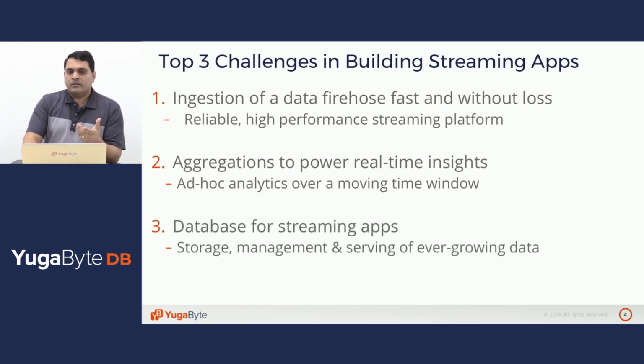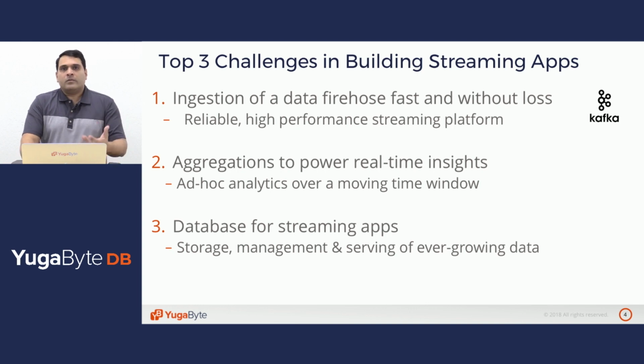So let's see what the well-known solutions are for some of them. For ingestion of data, we have the Kafka framework, which has proven over the past 5 to 8 years that it's the de facto industry standard for ingesting fast volumes of data.